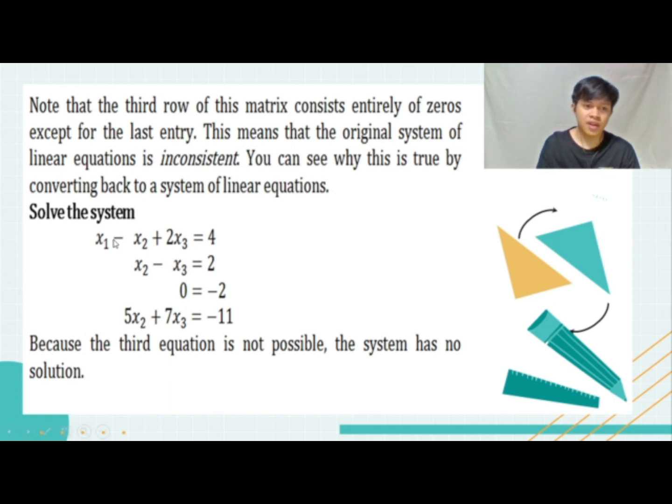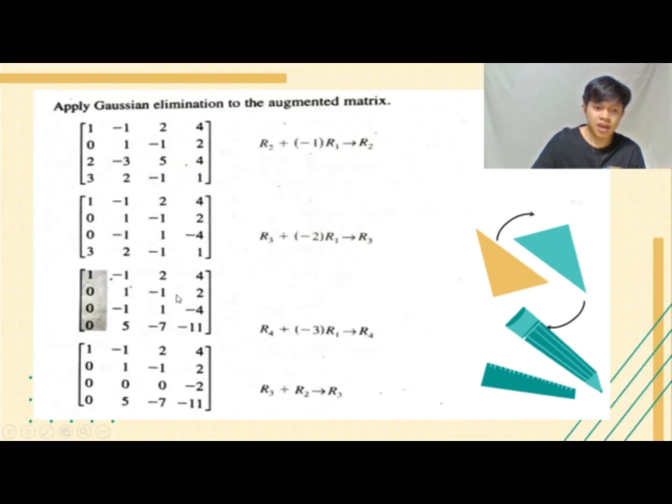So solve the system. So x sub 1 minus x sub 2 plus 2x sub 3 is equal to 4. So this is the same as this one because 0, 0, 0, 0, 0.